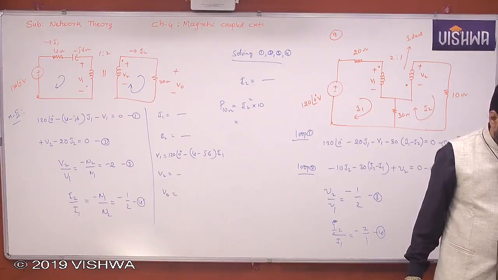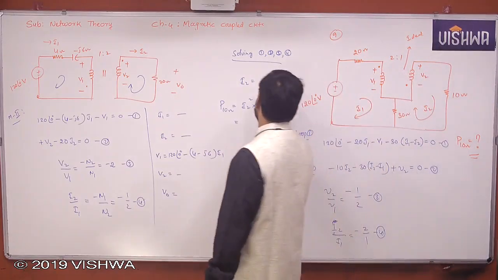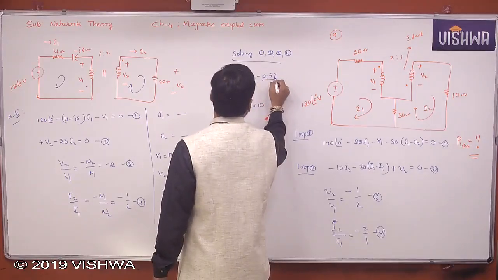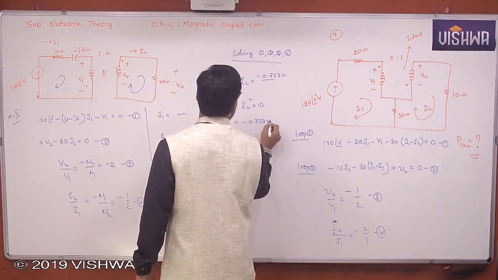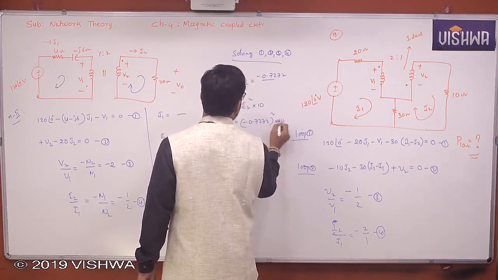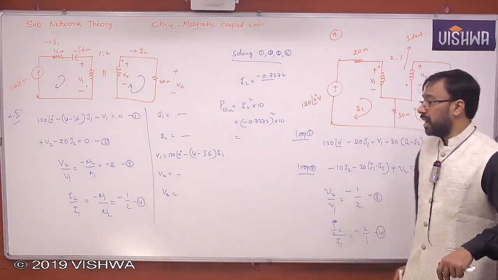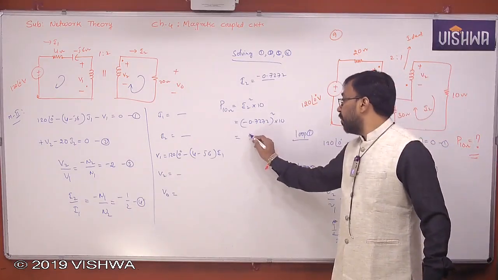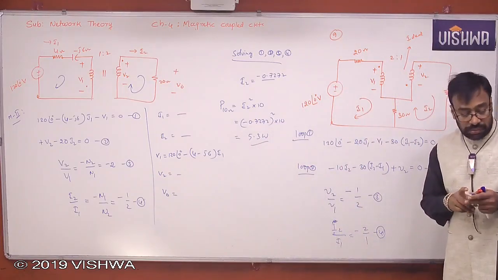I2 is equal to minus 0.7272. So minus 0.7272 whole square into 10. Okay. That is 5.3 watt. You can take 5.3 watt. That's it. Please note down quickly, all of you.